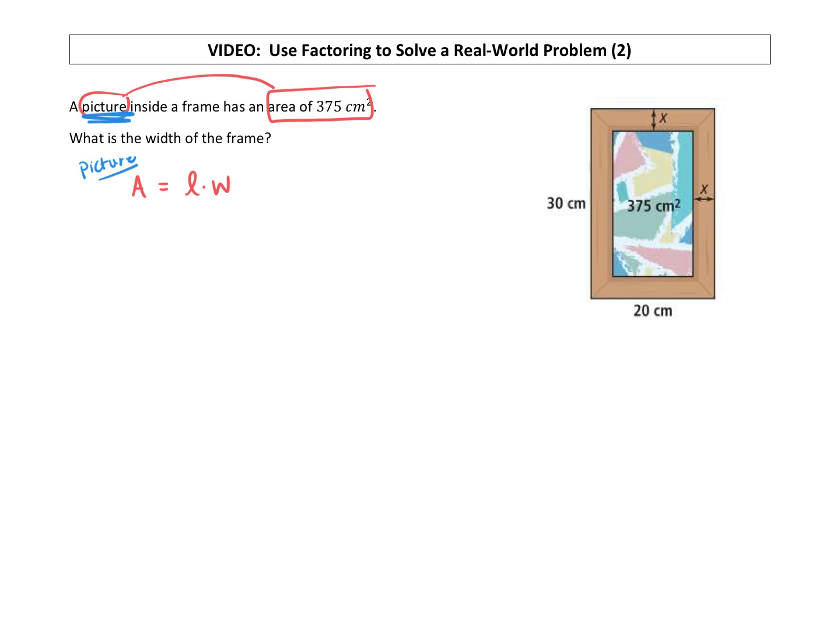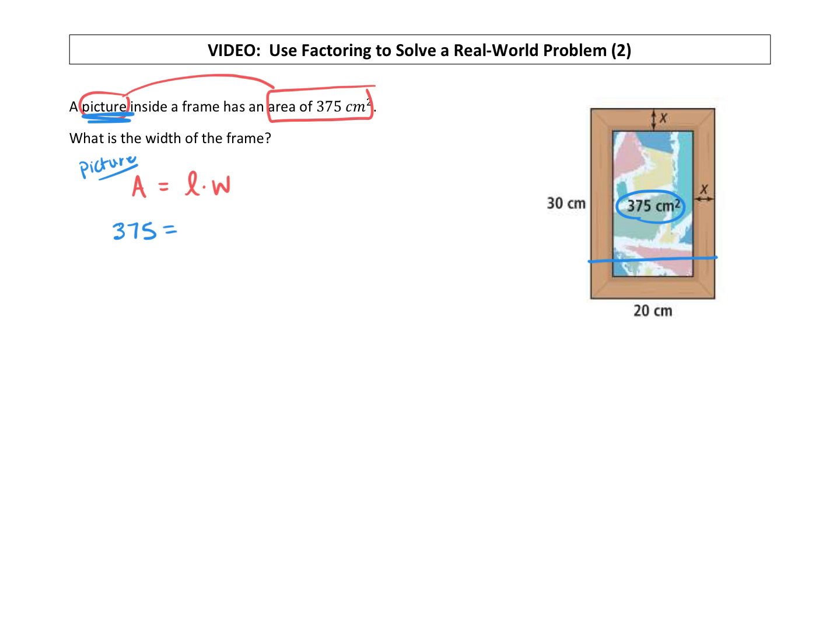All right, so let's fill in what we can. The area of the picture is 375, so we're going to plug that in for our area. Now the tricky part is what is the length and the width of the picture? We don't know. Here's what we do know. We know that this whole length is 20 centimeters.